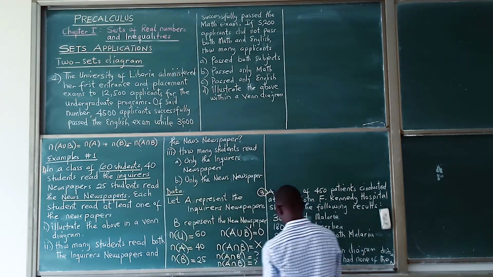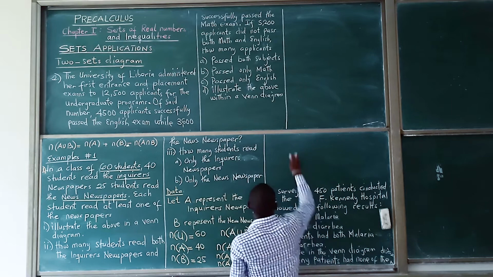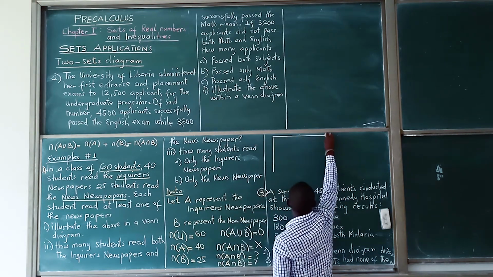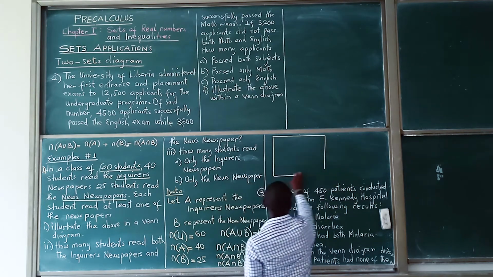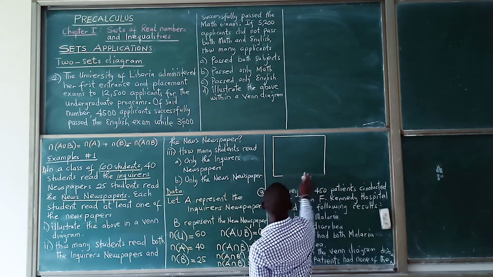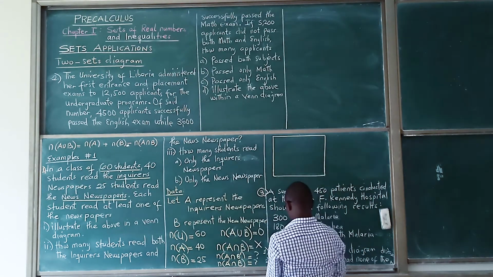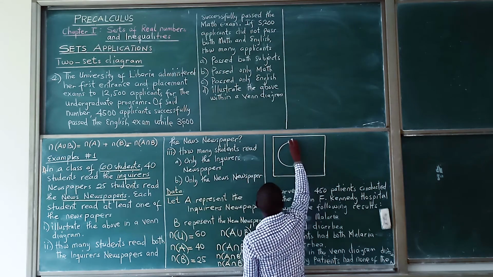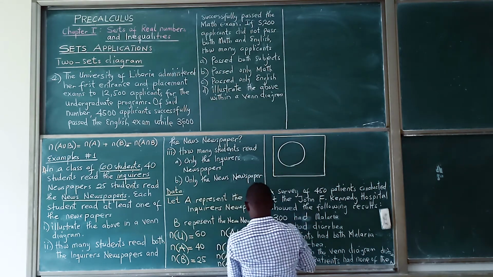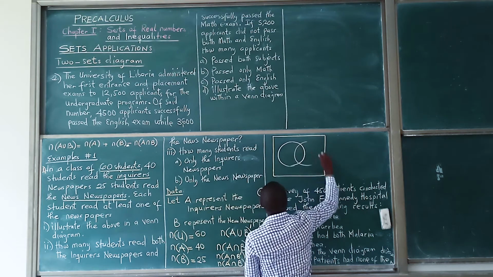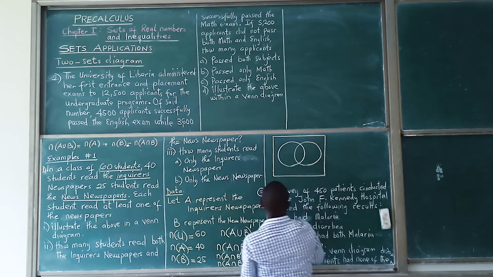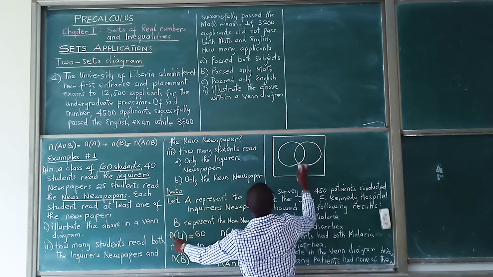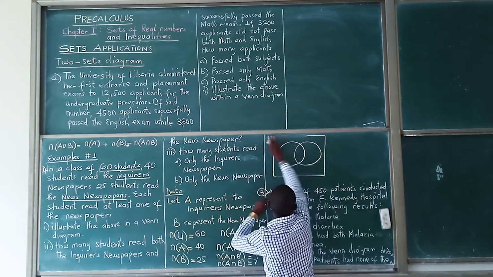So let's come on this side now and draw a Venn diagram. So we draw a Venn diagram. And then we have the two sets placed within the Venn diagram. So the universal set, which is U, let me bring this thing down a bit.